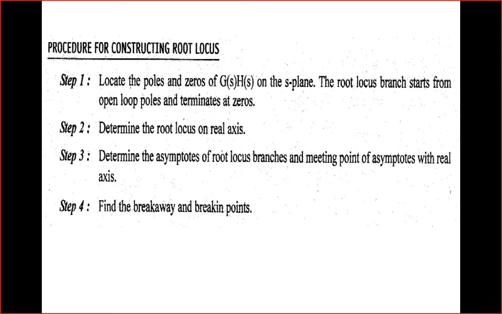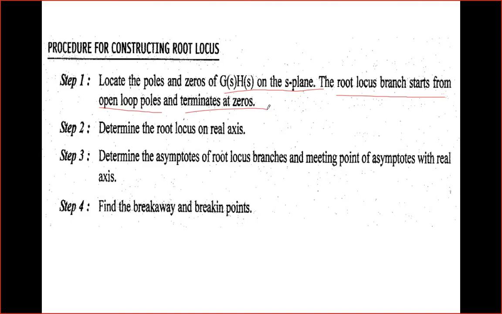Now we are going to discuss the procedure for constructing root locus. The first step is to locate the poles and zeros of G(s)H(s) on the s plane. The root locus branches start from open loop poles and terminate at zeros.